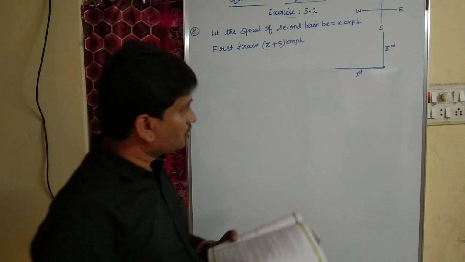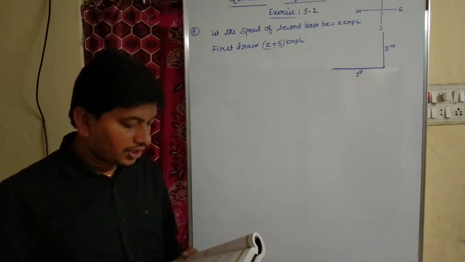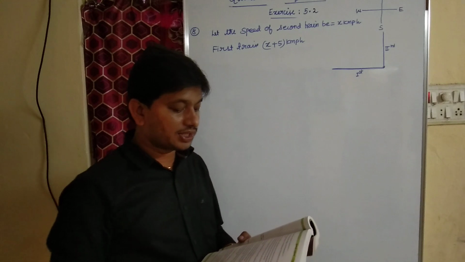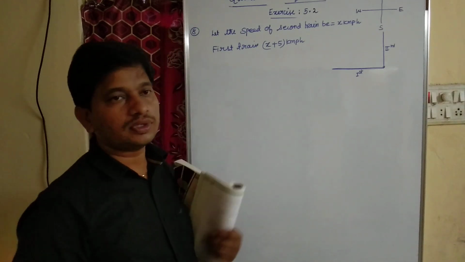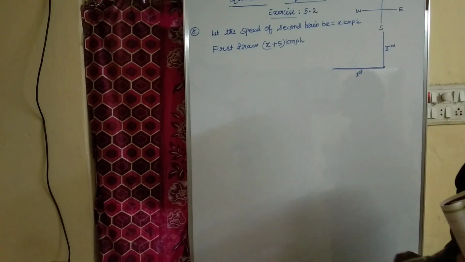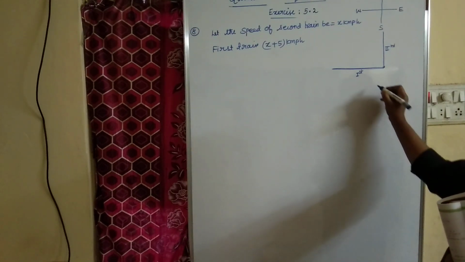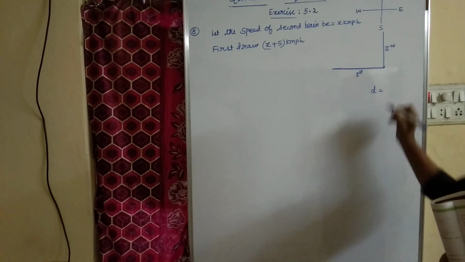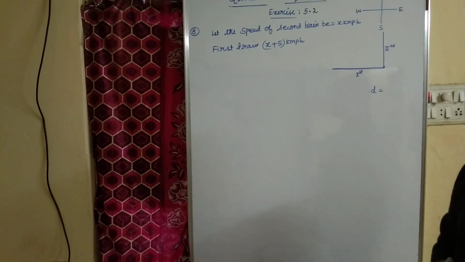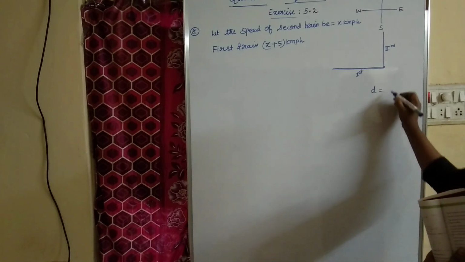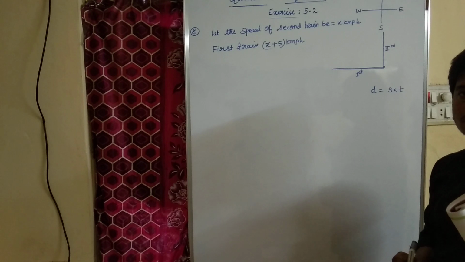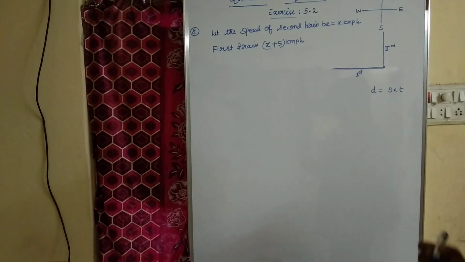Okay. Now, if after 2 hours they are 50 kilometers apart. After how many hours? 2 hours. So we know the relationship between speed, distance and time. Distance is equal to speed into time.